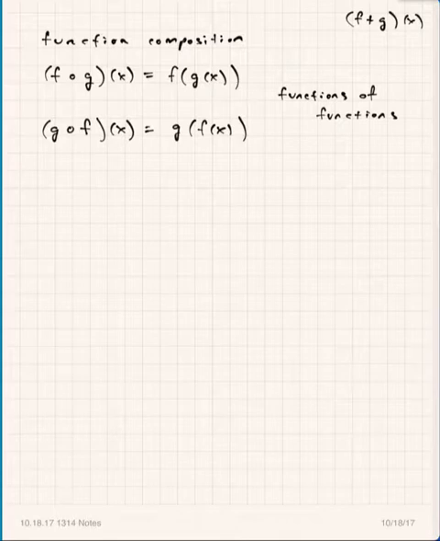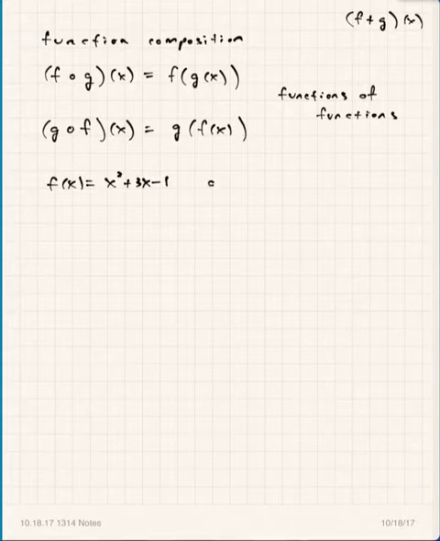All right, so let's just look at calculating values first of all. Let's say I have the function f of x is x squared plus 3x minus 1, and g of x is x plus 2.